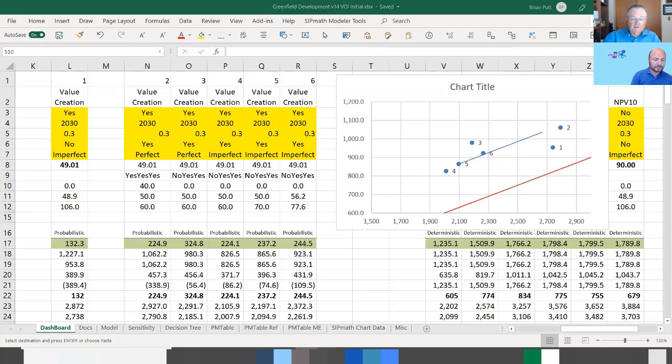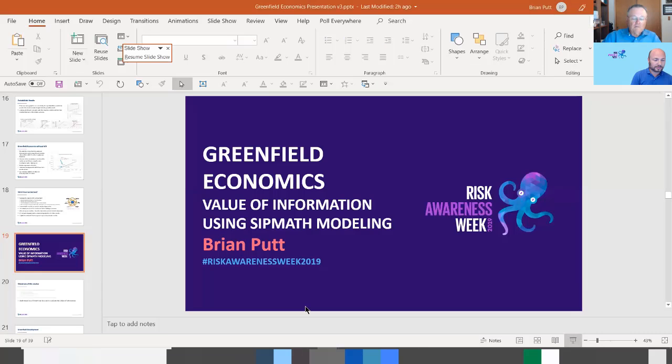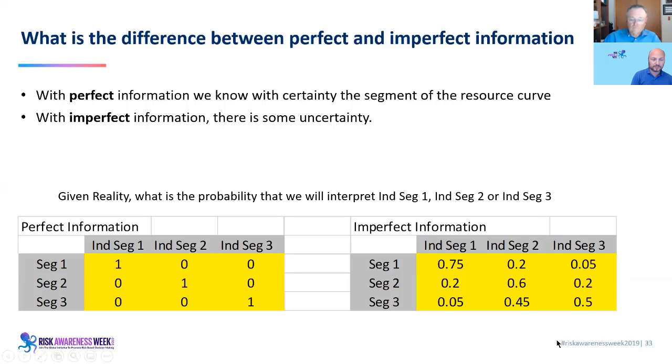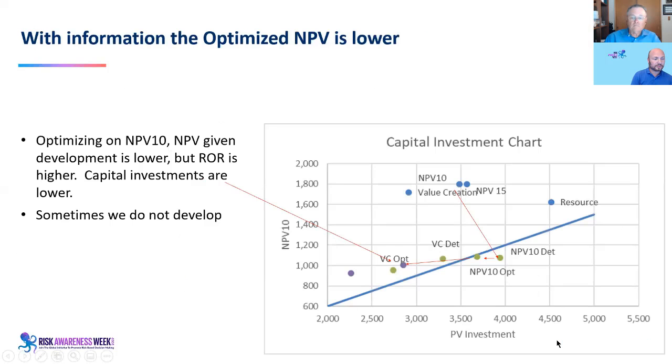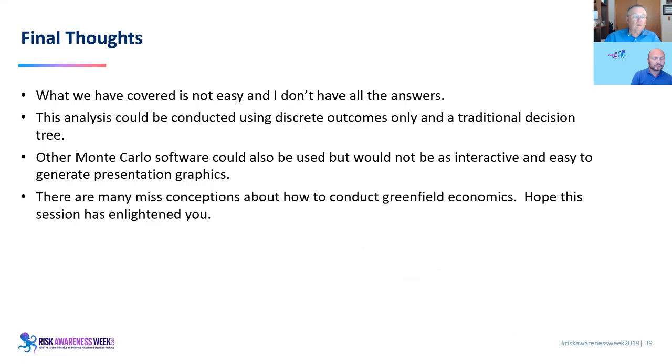So if I come back here to this presentation, I just want to repeat that this value of information is not an easy subject, and you're going to have to spend some time talking to the decision makers about it, particularly if you show them a distribution of the value of information.